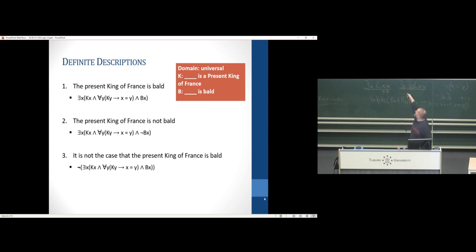Does the fact that there isn't exactly 1 present king of France that's bald mean there's exactly 1 present king of France that's not bald? No, right? Because there might just not be any such K. But in fact, that would explain why 3 is true.